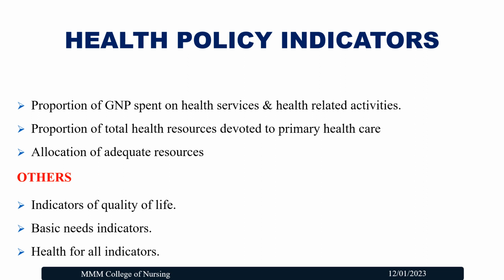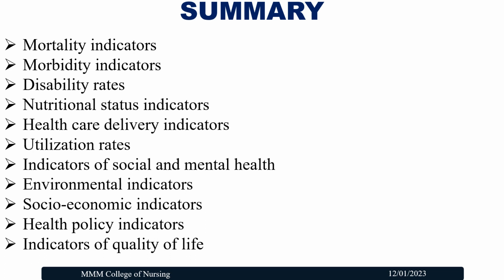The other indicators are indicators of quality of life, basic needs indicators, and the health for all indicators. Till now we have discussed the various health indicators which help us to plan the health policy or to formulate the objectives in order to achieve health for all by 2030.